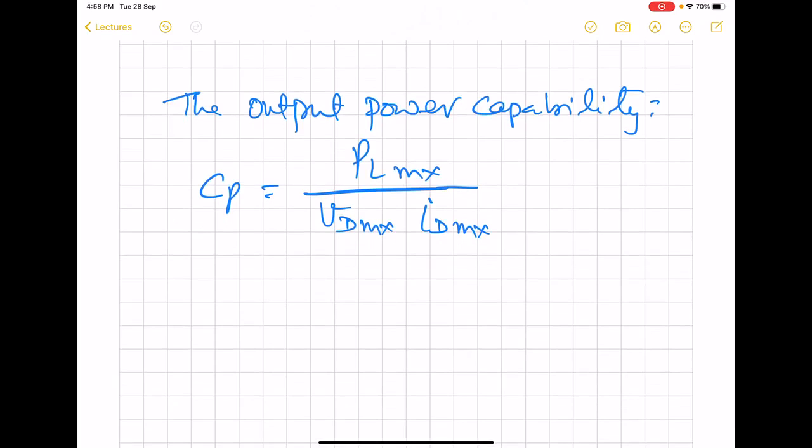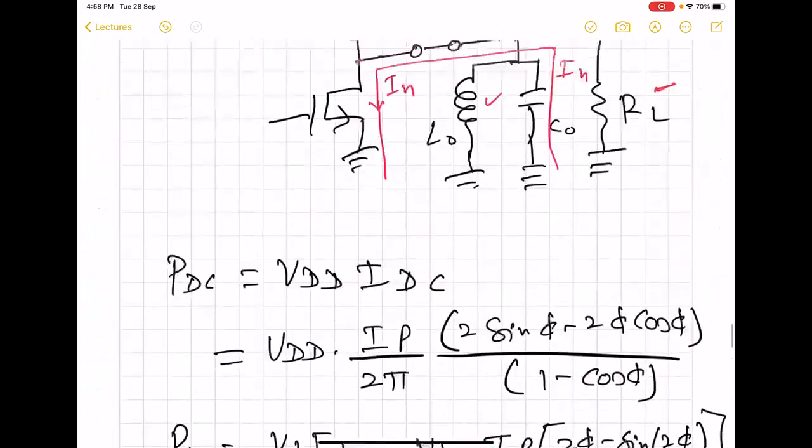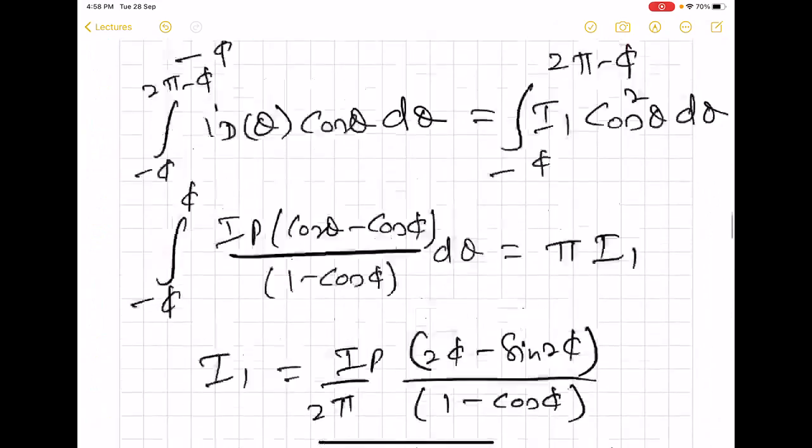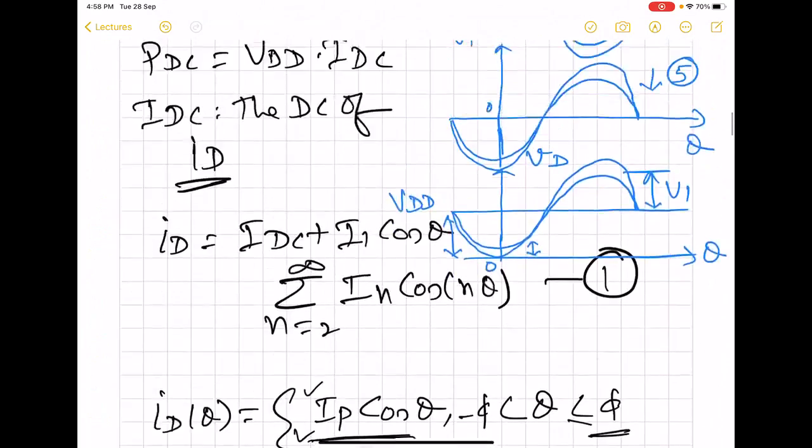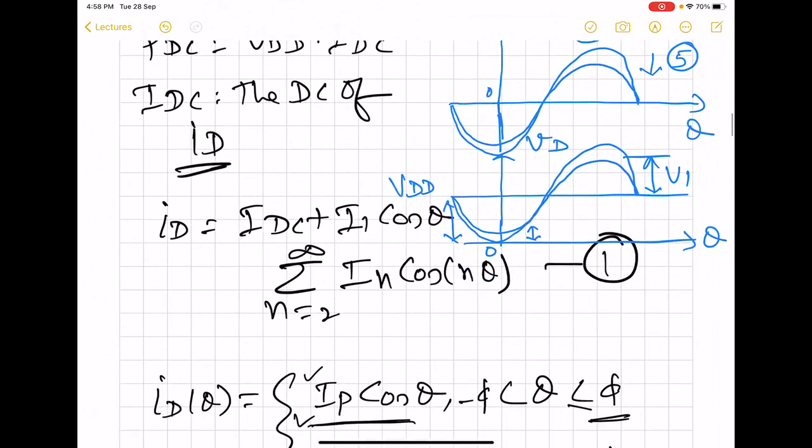So for class C, we have to calculate each of these three parameters appearing in the formula. So here we see that the maximum drain voltage swing that can occur is 2 VDD. This is the maximum voltage that will be experienced by the drain, and this corresponds to maximum efficiency. So all those parameters need not be valid simultaneously.